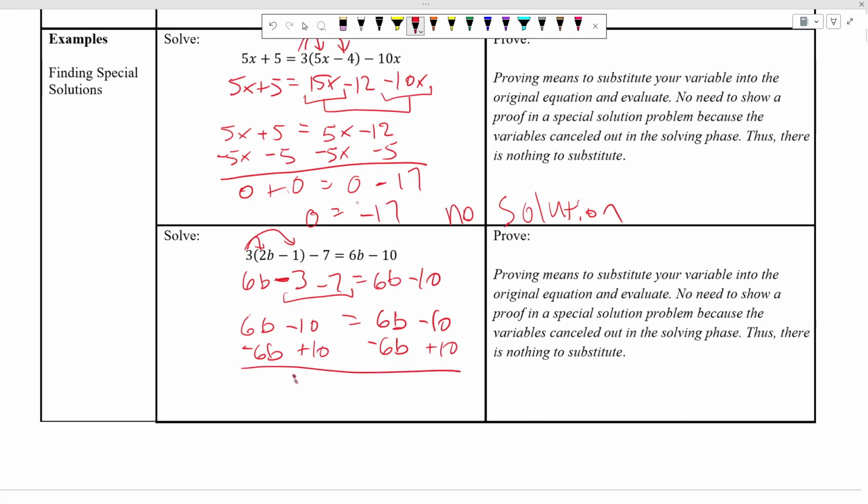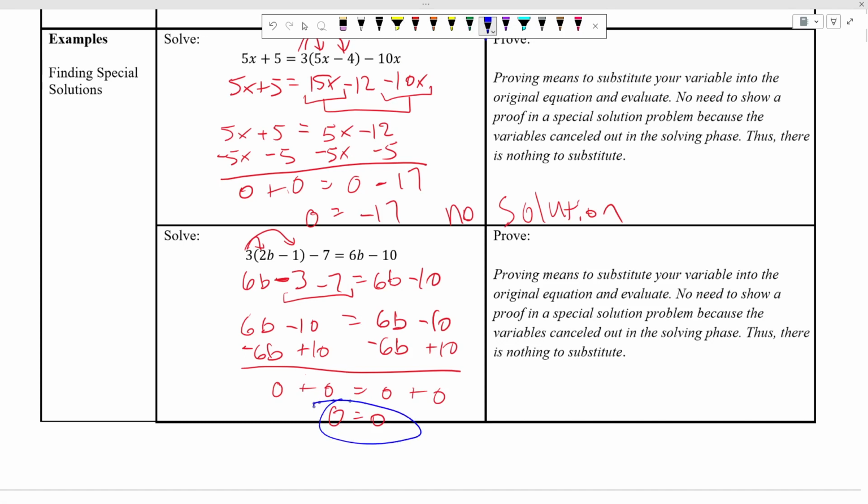And so what I end up with is 6b minus 6b. That becomes 0. This here becomes 0. This becomes 0. And this becomes 0. Hey guys, did you happen to know that 0 equals 0? That is a true statement, guys.